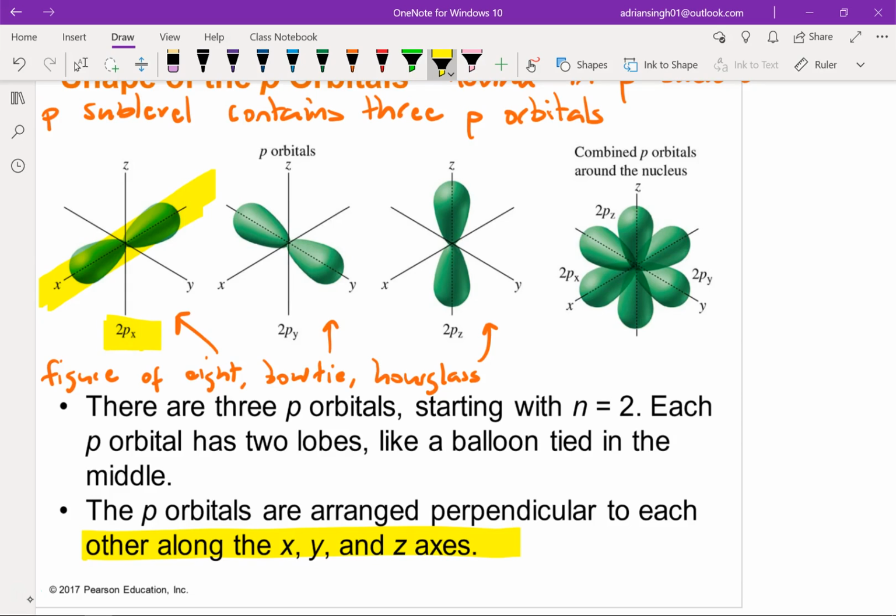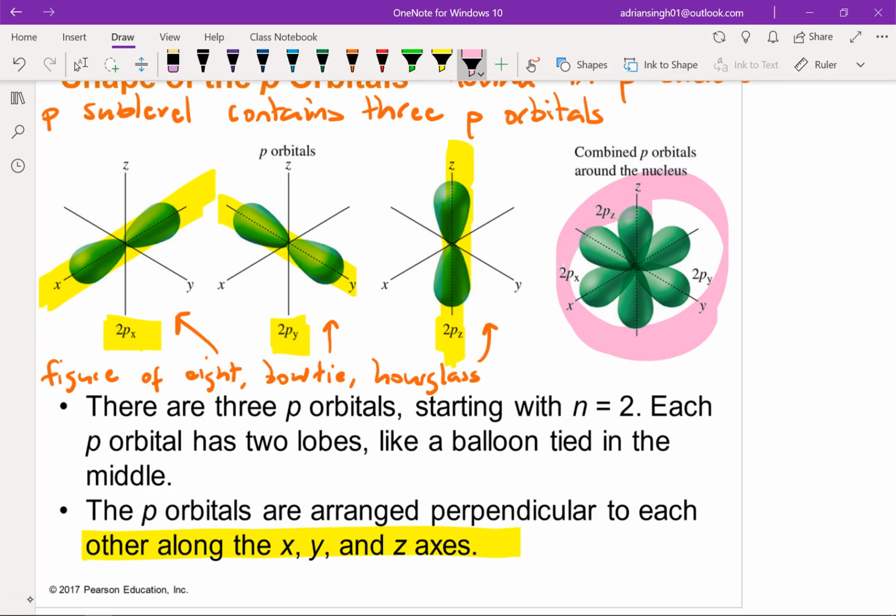If we have another p orbital aligned along the y-axis, like this one, we call it the 2py. And if we have one aligned along the z-axis, we call it the 2pz. All three of them are found in the p sublevel, and if you superimpose all three of them together, this is what you see here on the right side.